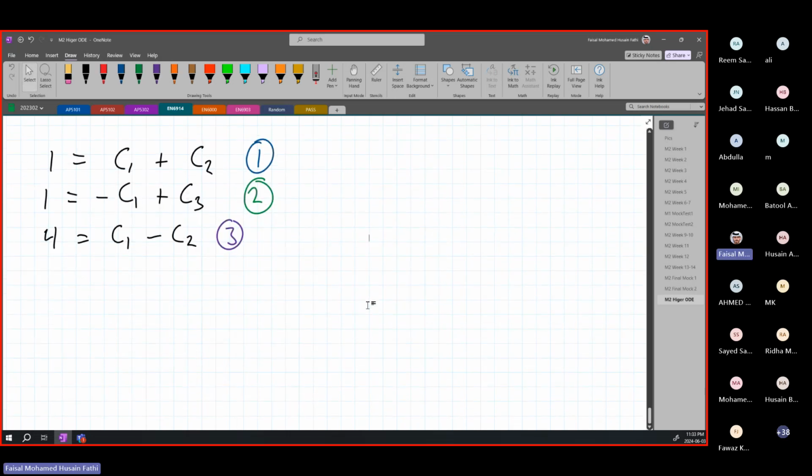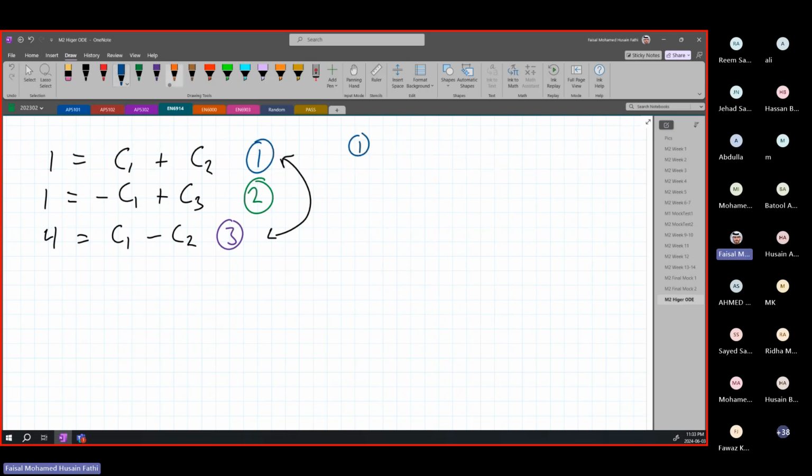Don't get too confused. You can use substitution or something like that. But if you notice, equations 1 and 3 only have C1 and C2 in them. They do not have C3 in them. So you can solve for C1 and C2 directly using these 2 equations. And then whatever value you find for C1, you plug into equation 2 and you will find C3.